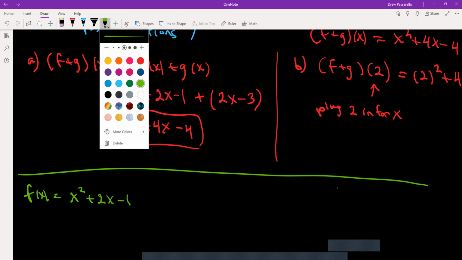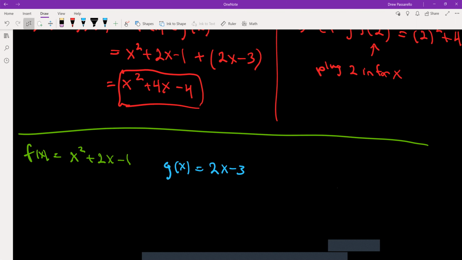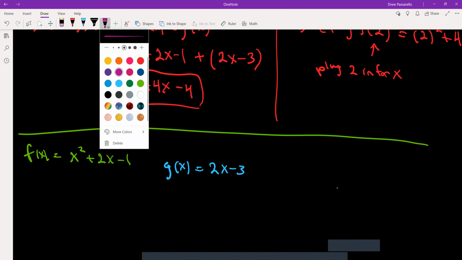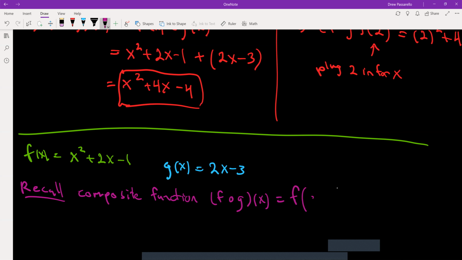And then I'll use blue for g. G of x is 2x minus 3. Now, you'd have to know what composite function means. So recall from previous course of algebra, the composite function f composed with g is equal to f, and then parentheses g of x.